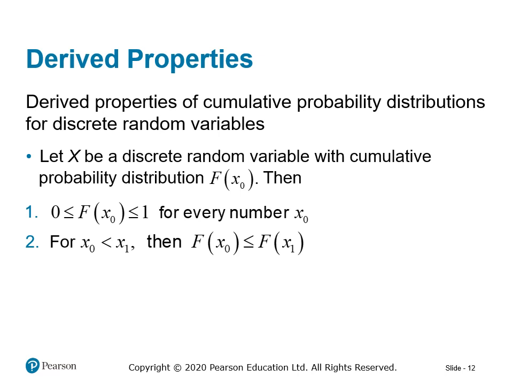And for an x0 less than another number, we'll call it x1, the cumulative probability distribution has to be less than or equal: F of x0 has to be less than or equal to F of x1.